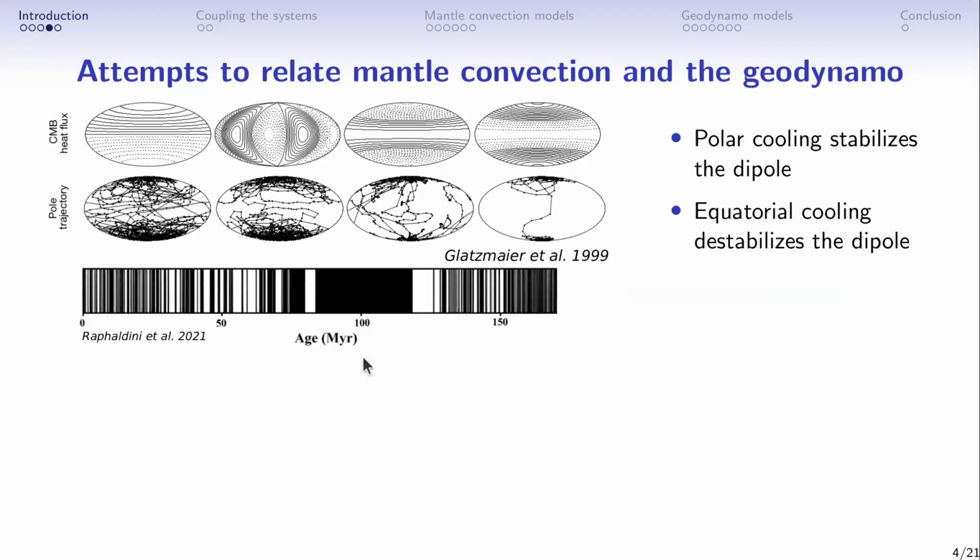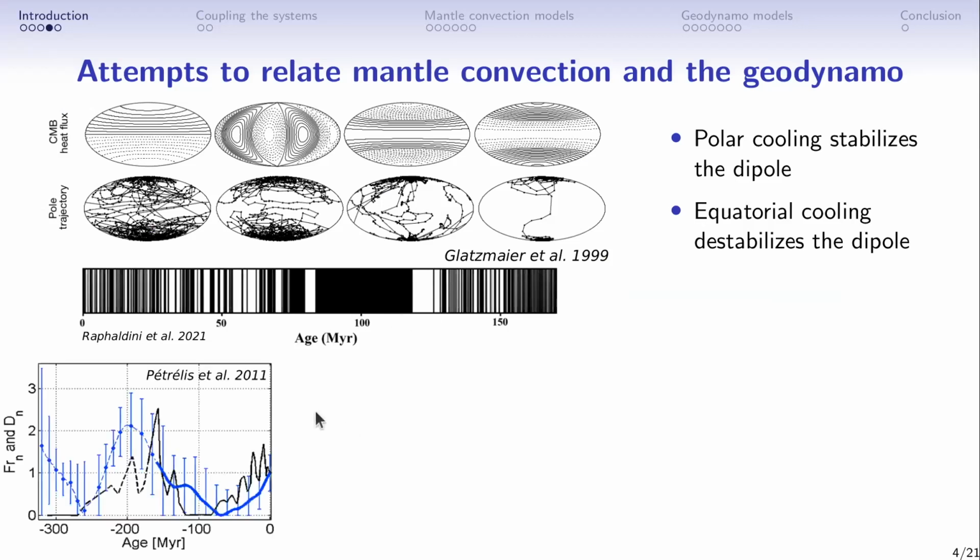Another possibility is to look at the paleomagnetic record and the geological record and try to find correlations. One of the well-known paleomagnetic data we have access to is the polarity of the magnetic field. We know that the Earth's magnetic field reversed its polarity through the geological times with a reversal frequency that has been varying.